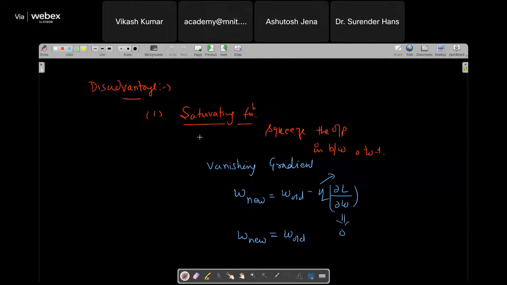That is the main reason we hardly use sigmoid in hidden layers. We use this activation function, sigmoid, only at the output for binary classification.